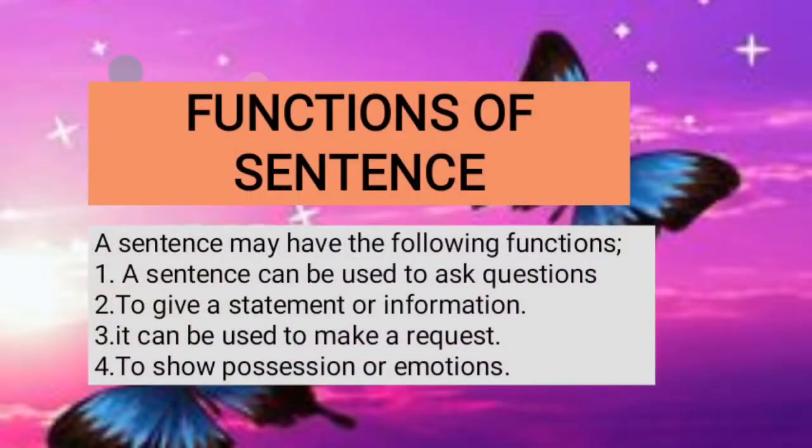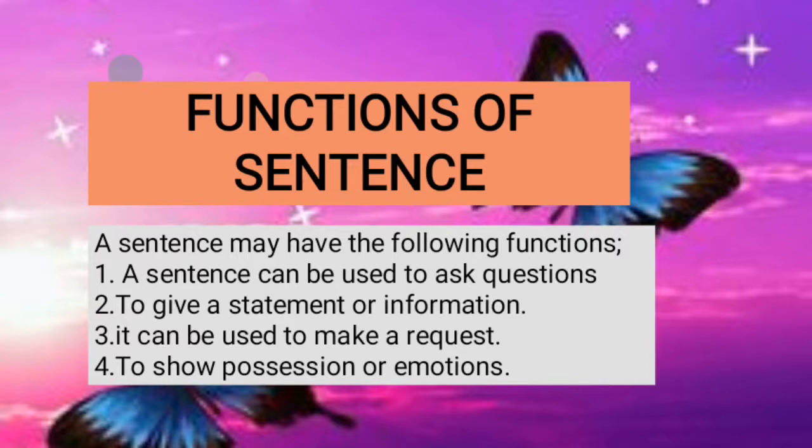Now let's move on to the functions of sentence. A sentence may have the following functions. 1. A sentence can be used to ask a question. 2. To give a statement or information. 3. It can also be used to make a request. 4.